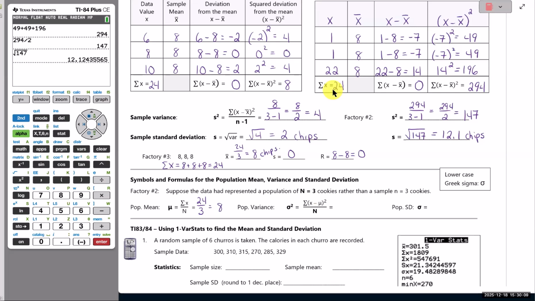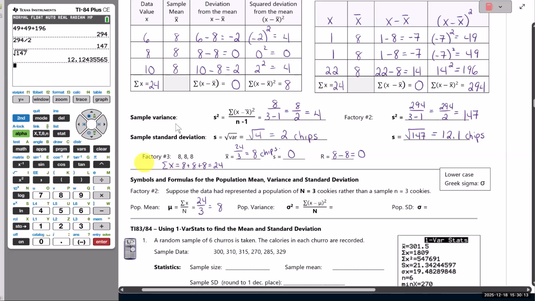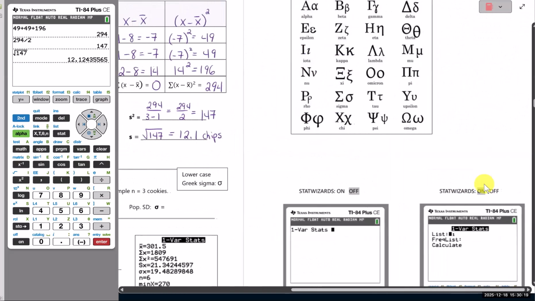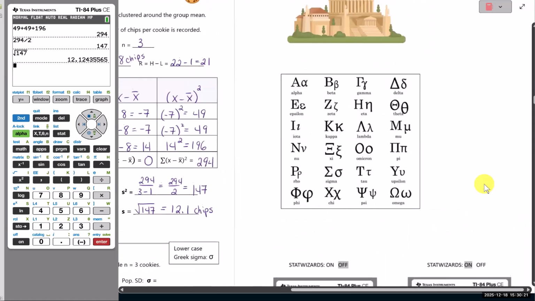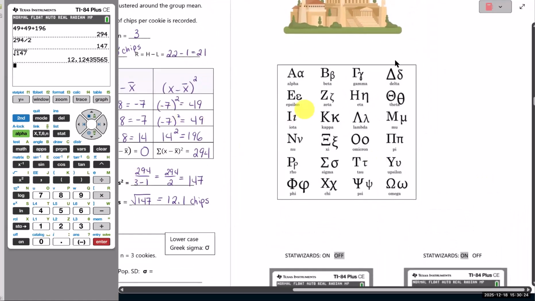But when we get to variance and standard deviation, we have a new Greek letter, and it is lowercase Greek sigma. So I think I have my Greek alphabet over here. So let's talk sigma. So capital sigma, we've been using that to say find the sum of a set of values.